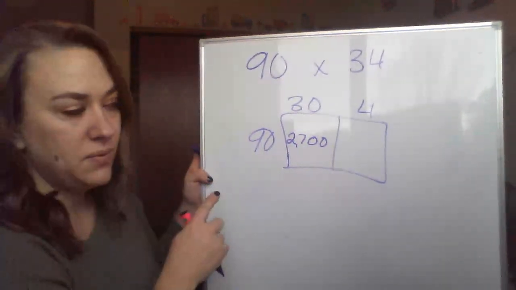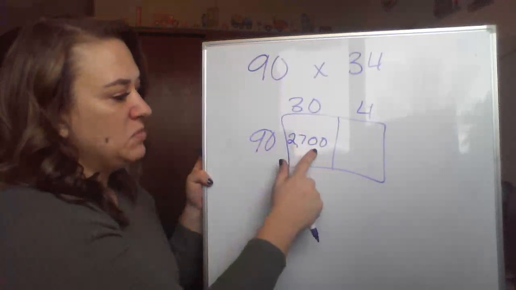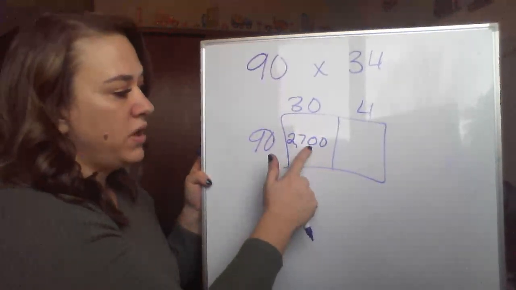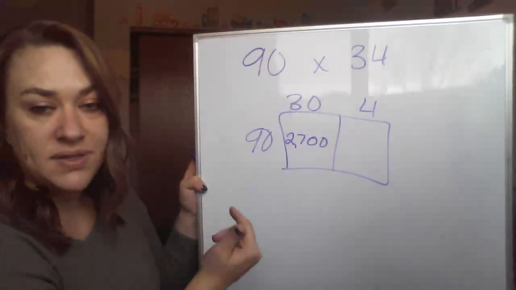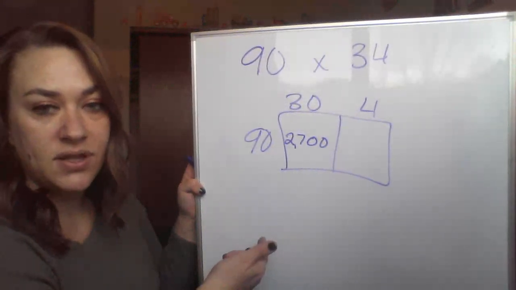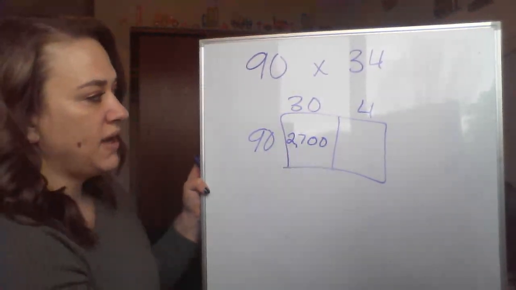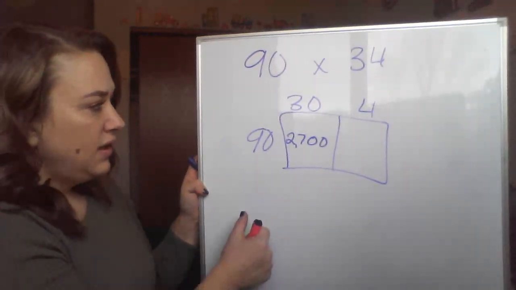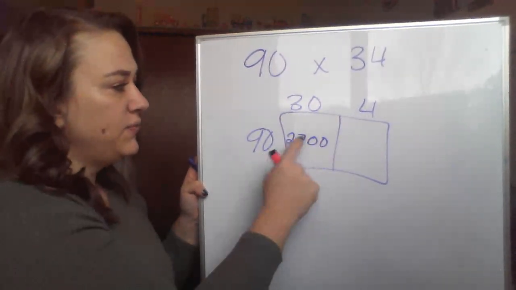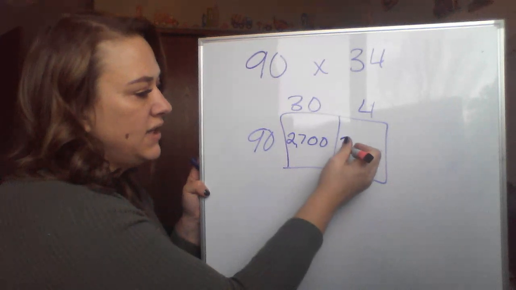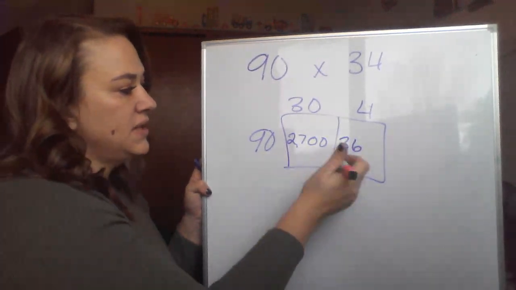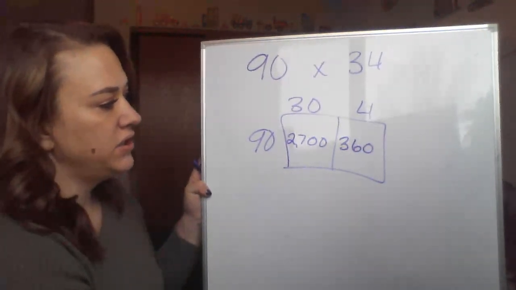Probably the biggest mistake when we're doing tens times tens is people forget to put 2 zeros, they only put 1. So that would be 270. When our correct answer is 2,700, that's quite a big difference. So make sure you're putting both of your zeros back in. And then we have 9 times 4 is 36, plus our 0, 360.